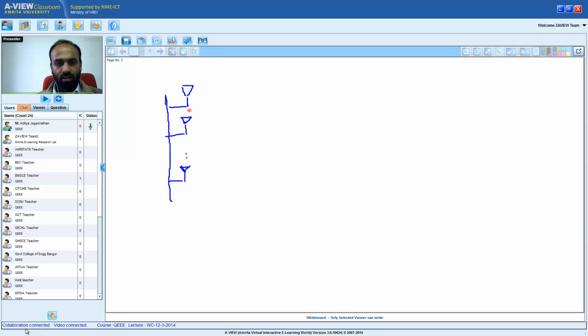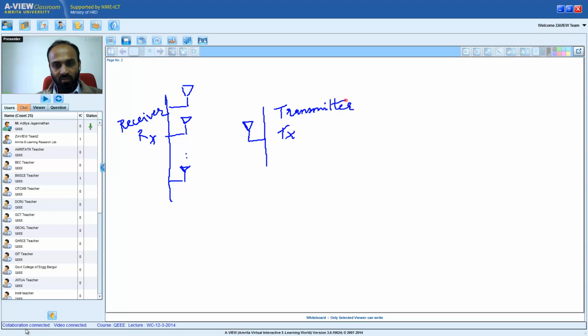So I have L receive antennas at the receiver, and one transmit antenna. This is the receiver, this is the transmitter, right?